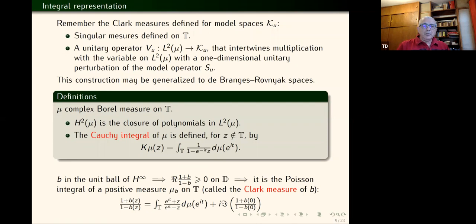Now there's no assumption about extreme or non-extreme. And it's easy to check that the real part of this fraction is positive. So it's the Poisson integral of a positive measure. And this is called a Clark measure for the moment. Actually, there's a whole family, but we will come back to this at the end. For the moment, it's just this one.